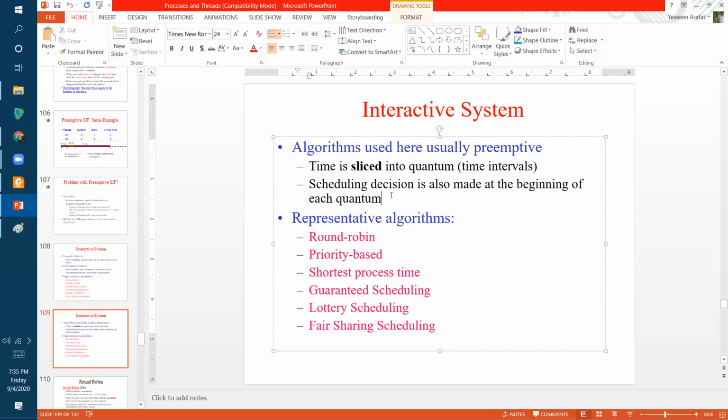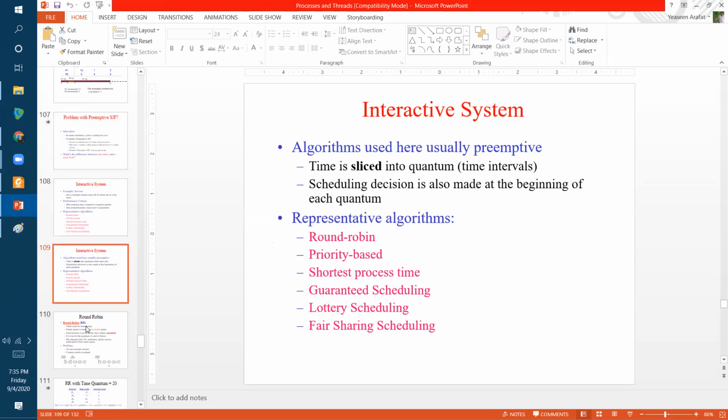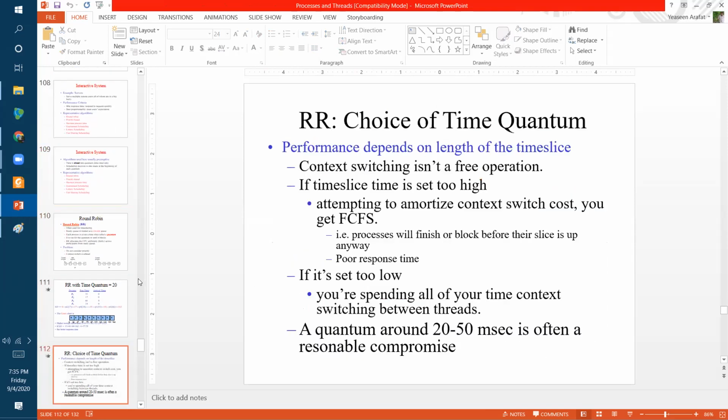The scheduling decision is made at the beginning of each quantum, so we have to make scheduling decisions at the end of each quantum. So what is round robin?